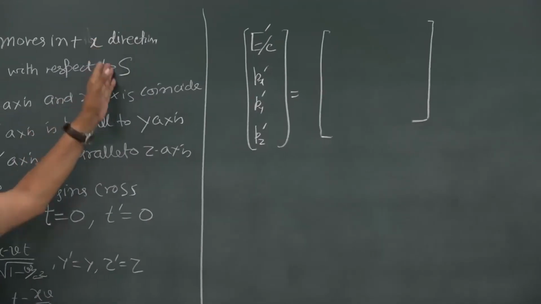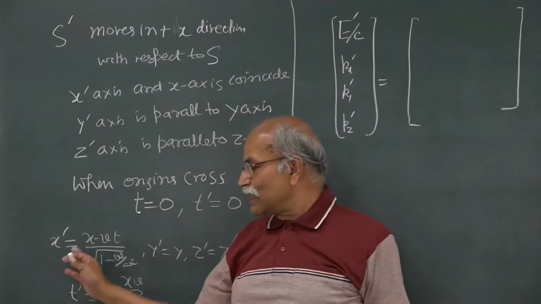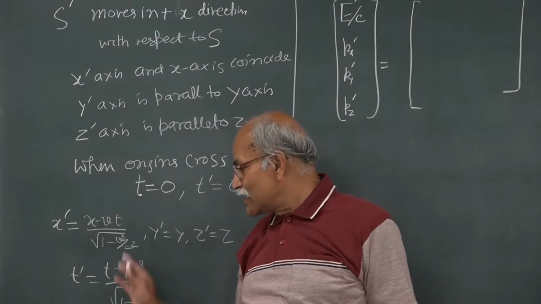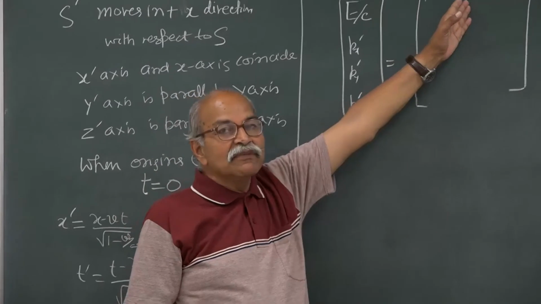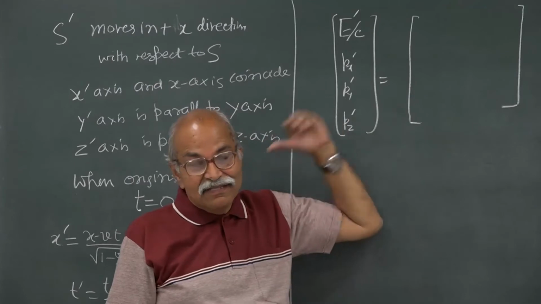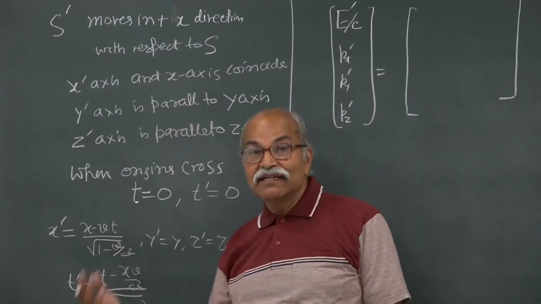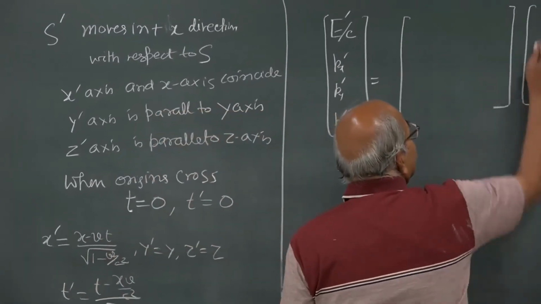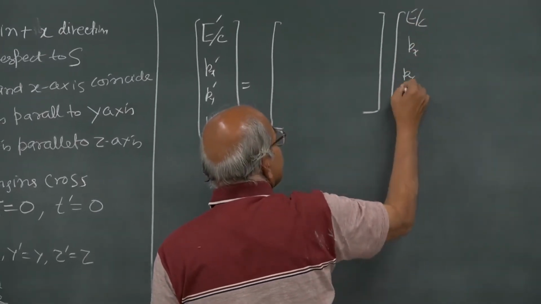If these conditions are fine, then I know what the transformation matrix is. Just coming from here, I know what the Lorentz transformation equations are, and then I can write this in a tabular form, and you have gamma, minus beta gamma, 0, 0, that matrix. If it is not, these equations will be different, and if these equations are different, then this matrix will be different.